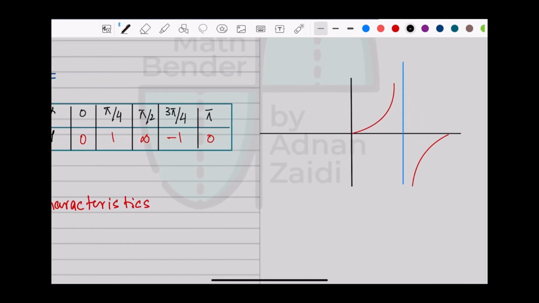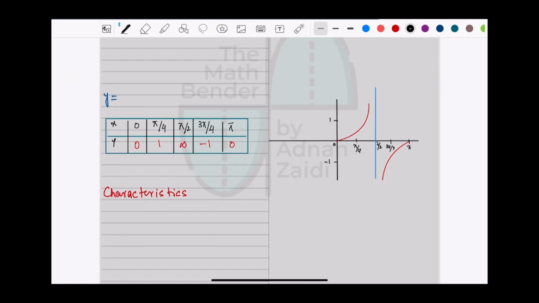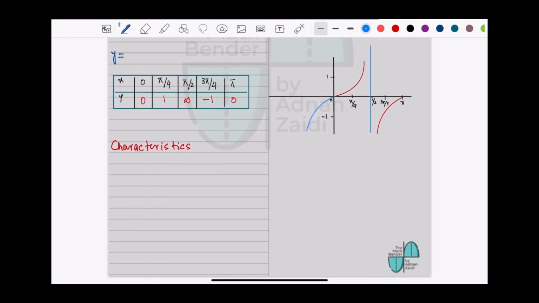The values will be pi over 2, 3 pi over 4, pi, 0, and this is pi over 4. Same function, just drawn in radian mode. The function continues the same way ahead in the negative region as well, but I'll discuss it on my next page.